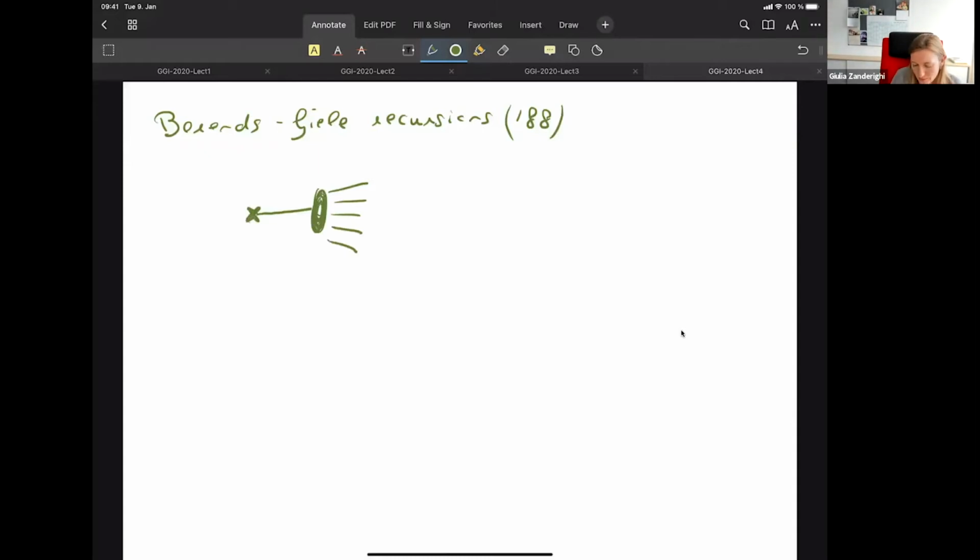And what they said is that you can write it as some linear combination, in this form. And I will explain a little bit what this means.